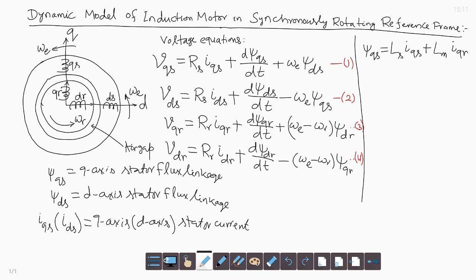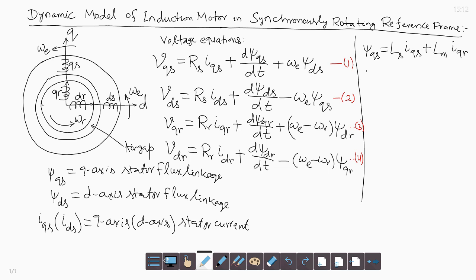Psi qs is the total flux linking with the q axis stator winding qs, that is the self flux due to the current Iqs and inductance Ls, and the mutual flux from the q axis rotor current Iqr, where the mutual inductance between stator and rotor is Lm.